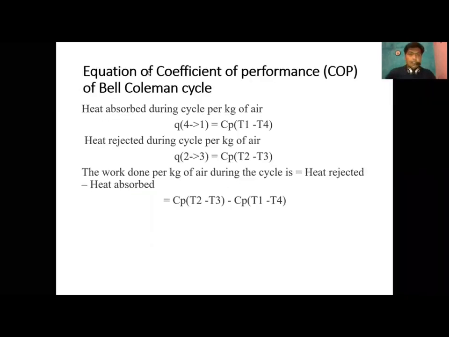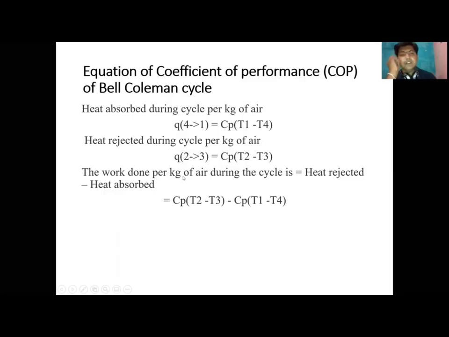Now we calculate the Bell-Coleman cycle equation, or COP, the coefficient of performance of the Bell-Coleman cycle. The heat absorbed during the cycle per kg of air is Cp (T1 minus T4), as we already saw in the previous slide, from 4 to 1. The heat rejected during the cycle per kg of air is Q2 to 3, that is Cp (T2 minus T3).